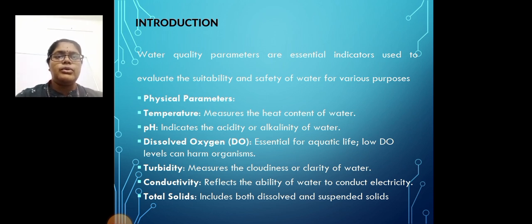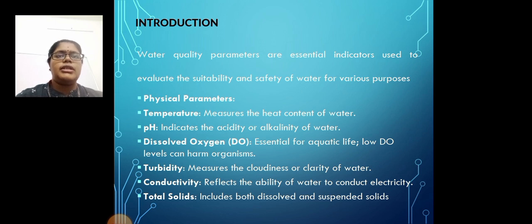So how are we going to define it? We are going to learn about the physical parameters, biological parameters, and also the chemical parameters of water. We'll understand it thoroughly.